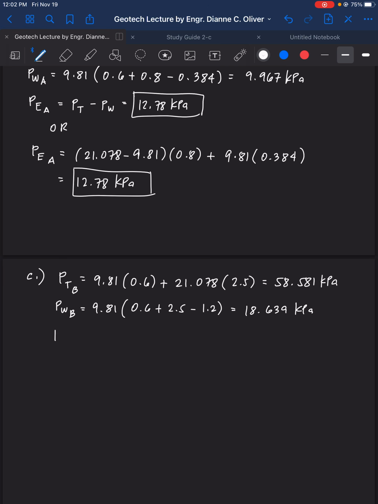Therefore, P effective at point B is P total minus P water, which is 58.581 minus 18.639, that is now equal to 39.942 kilopascal. Right, so that's for P effective at point B.